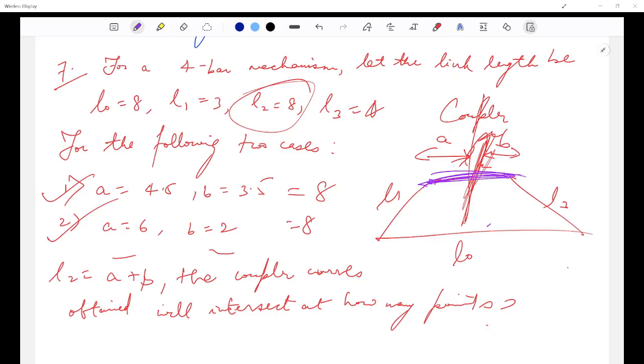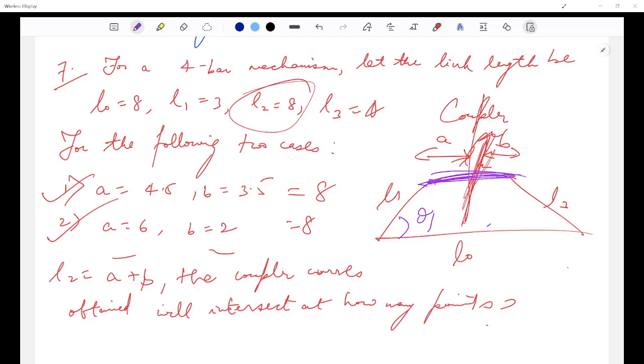So the coupler curve is a 6-degree algebraic curve, and for each input angle theta 1, there are generally two assembly modes, one open configuration and one crossed configuration, right? So there are two coupler curves, one for each assembly mode.